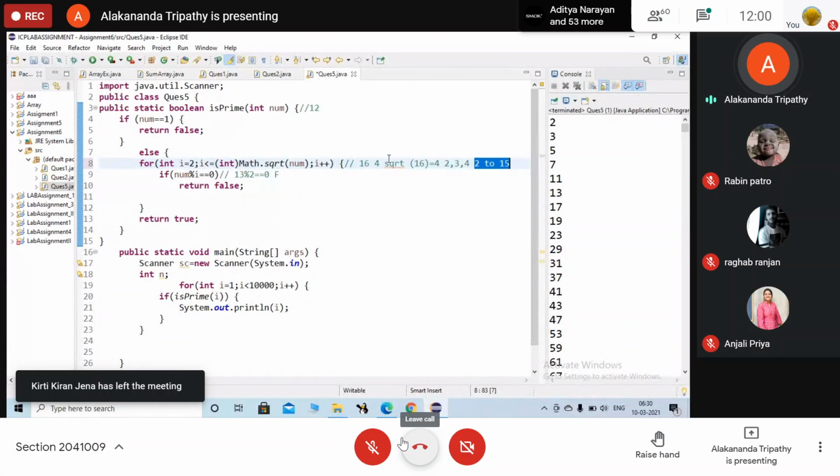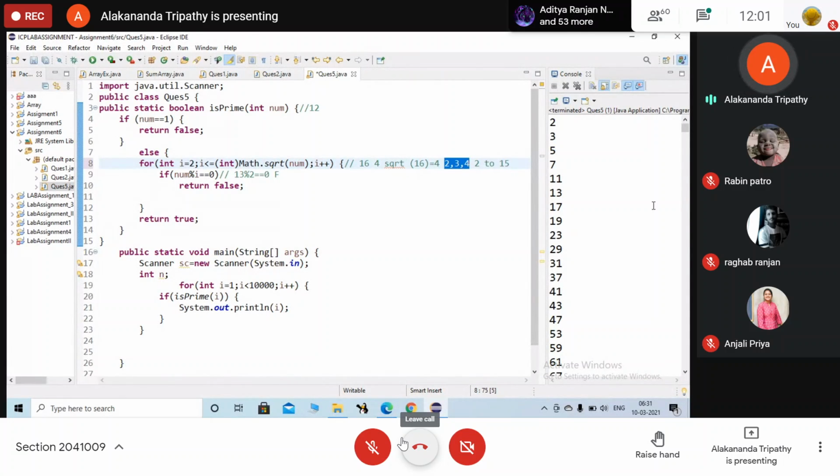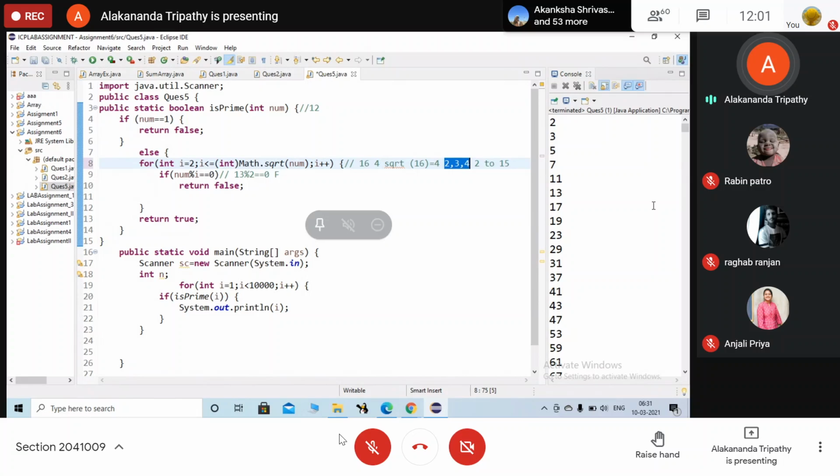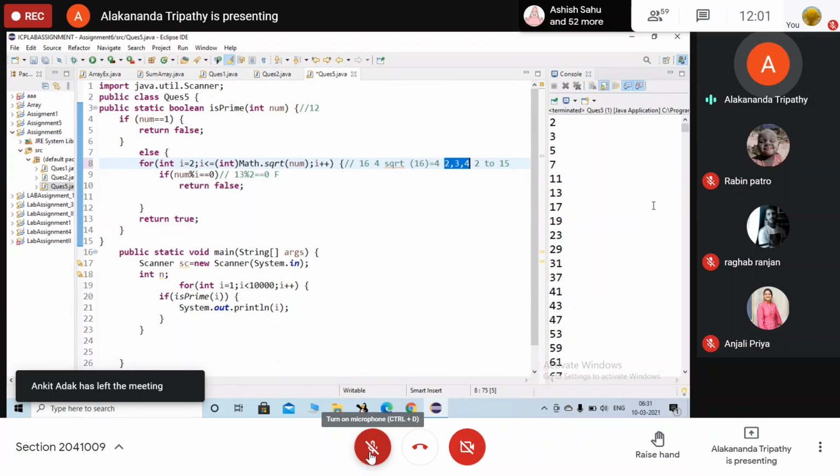But if you are checking from 2 to square root of 16, how many numbers के साथ तुम divide कर रहे हो? 3. तो कौन सा कम टाइम लेगा? स्क्वायर रूट, हाँ कम टाइम लेगा.